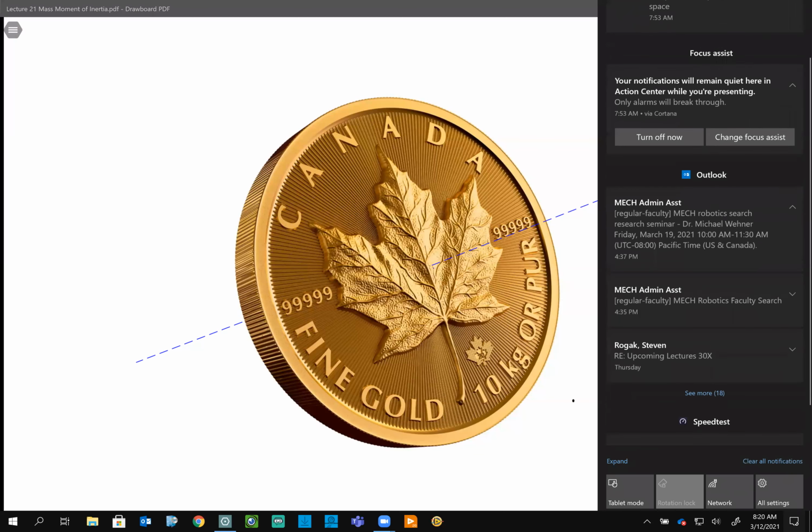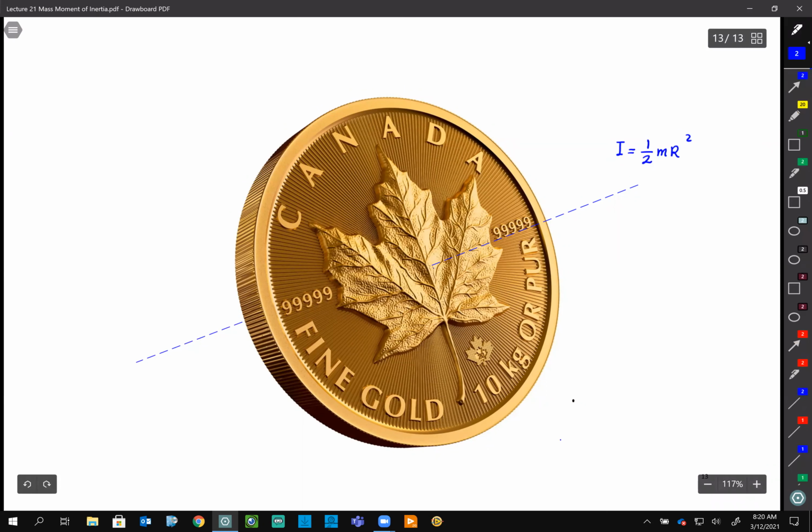Now I want to find out I about this axis, parallel to the other one.